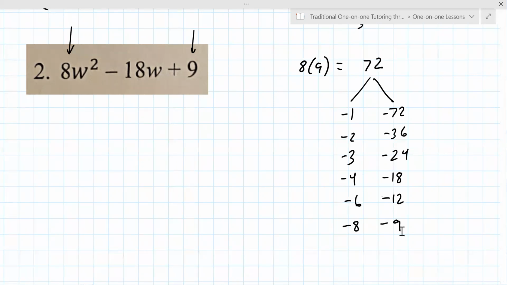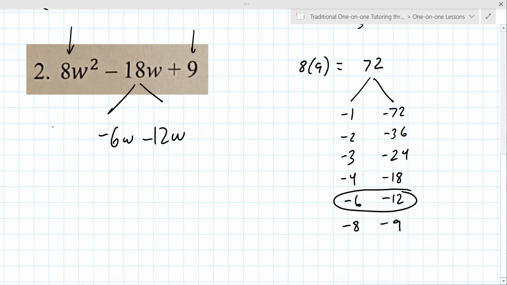Yes, negative 12 and negative 6. Very good. So you take this negative 18w and you make it negative 6w minus 12w and bring the 8w squared down and the plus 9 down.